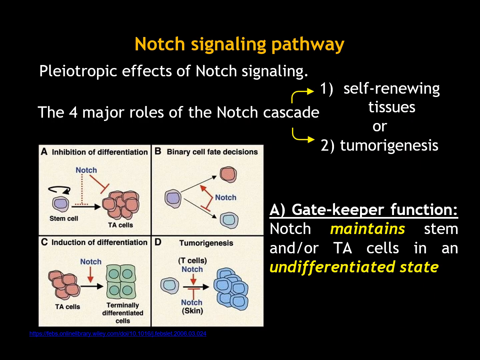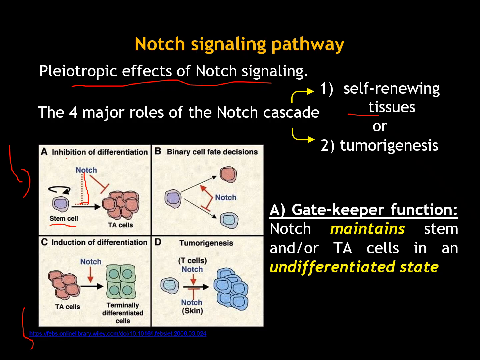Now I'm going to give you some examples of the pleiotropic effect of Notch signaling. I took this from this paper, where they summarize examples. For example, in self-renewal, you have stem cells here, and Notch signaling is in charge of regulating the self-renewal of tissues.